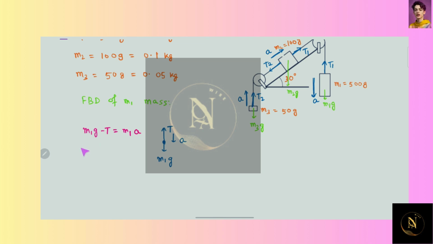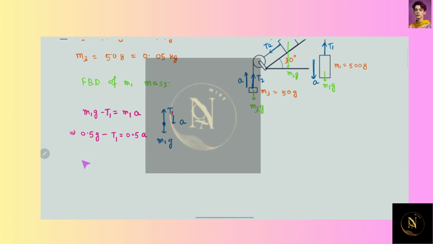In place of M1 I will write 0.5, so this will be 0.5G minus T1 is equal to 0.5A. The tension force on the first string is T1. On simplifying this, we can write that T1 is equal to 0.5G minus 0.5A. Let's say this is my equation number 1.